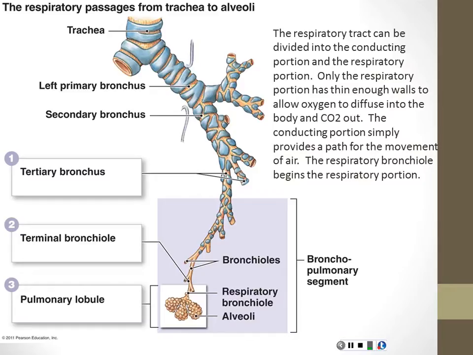So essentially, everything from the respiratory bronchioles on up is all conducting portion, and from the respiratory bronchioles on down is respiratory portion. We use the word conducting because all these structures do is conduct air from one place to another. So we call them the conducting airways.